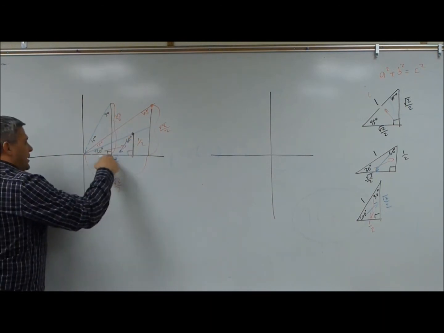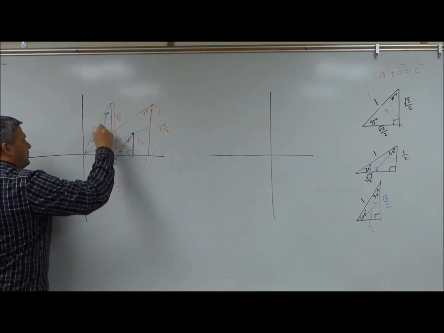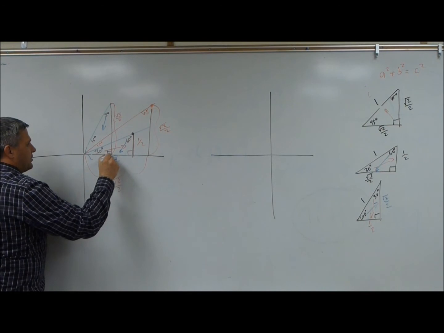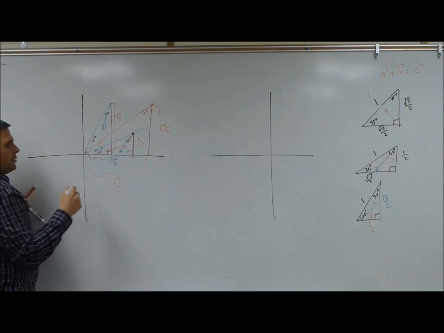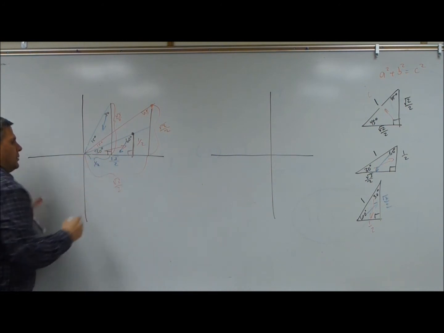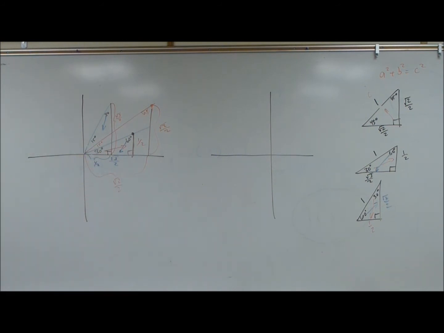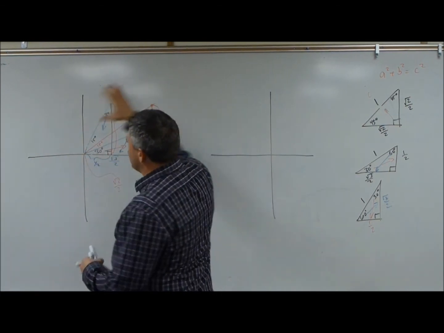And then this length, which was the blue, or this length right here, is going to be 1/2. Okay? So it looks a little funky, but we're going to do that, and then you can clean it up. You can go, okay, I see what's going on here. This length, this length, this length.